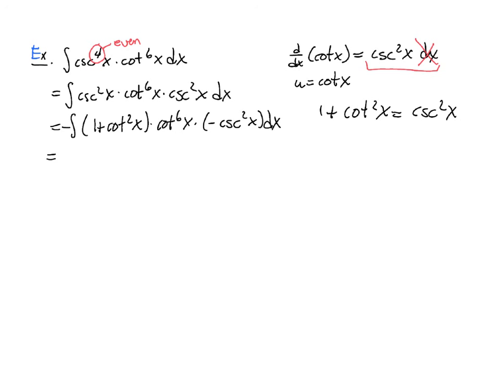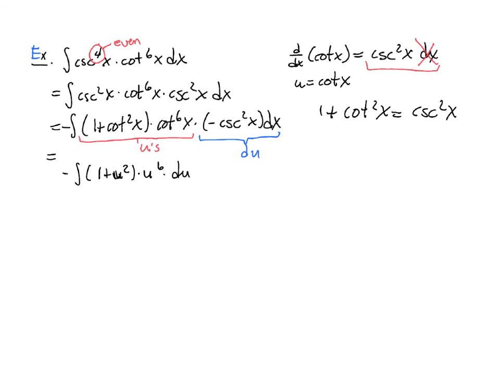And now I have everything in terms of u's, and over here I have exactly my du. So I can rewrite this as negative antiderivative of 1 plus u squared times u to the sixth times du. This looks exactly like one that we did in a previous example.